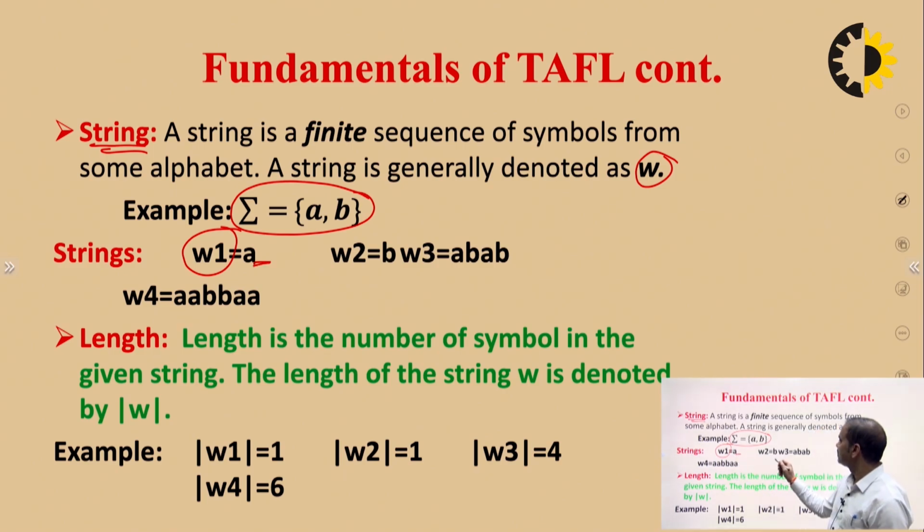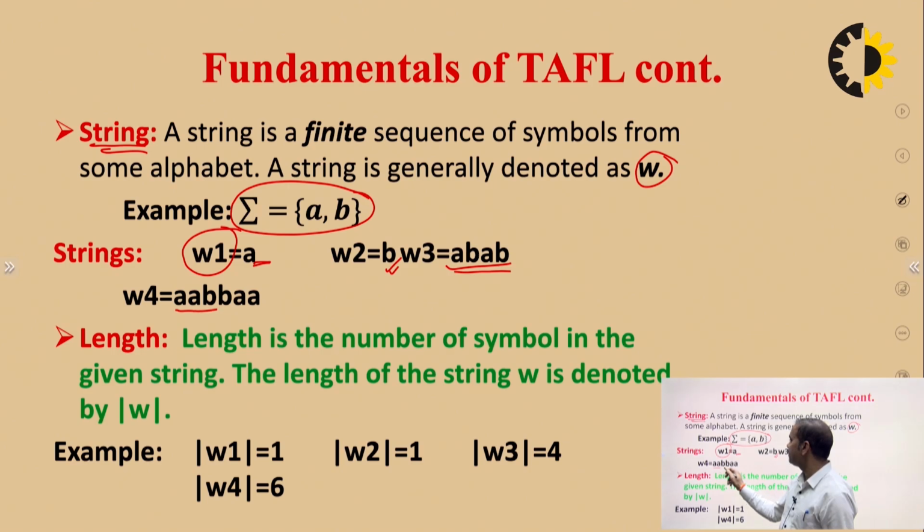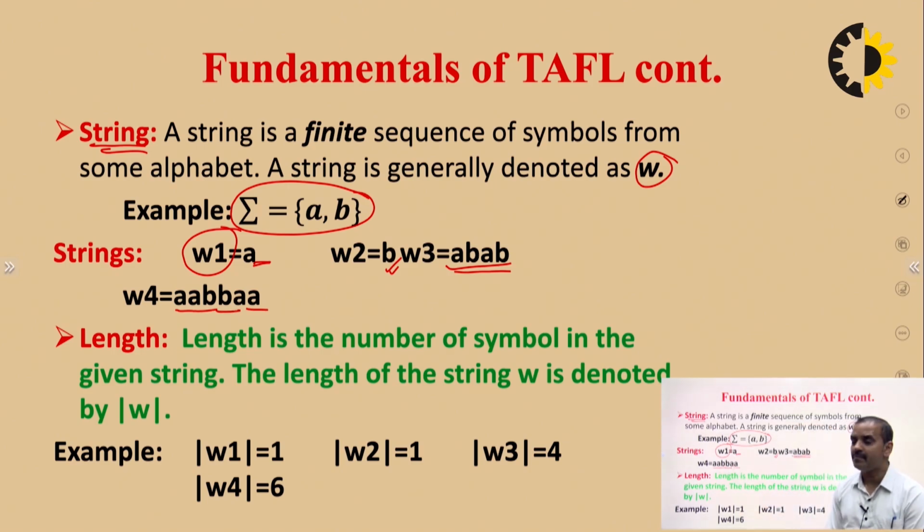W2 is B, W3 is AB, and W4 is BB, AA. These are our 4 strings: W1, W2, W3 and W4. That means a string is formed from the input symbols by concatenating A and B to generate a sequence.